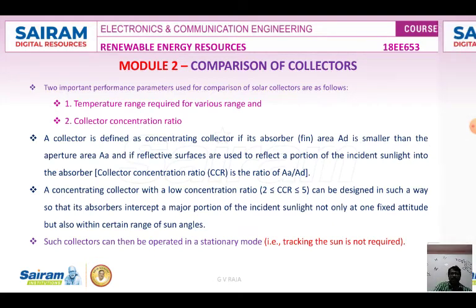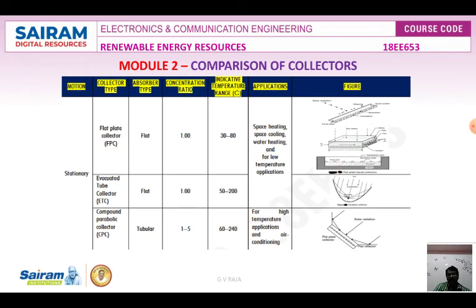Next we'll compare the various collectors on parameters like what kind of collector we are using, the absorber type, concentration ratio, indicative temperature range, application, and some figures as well.